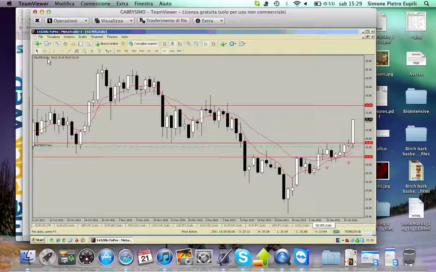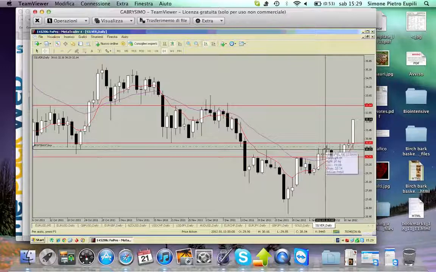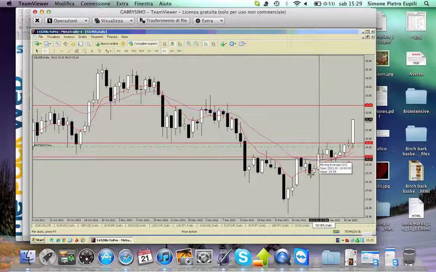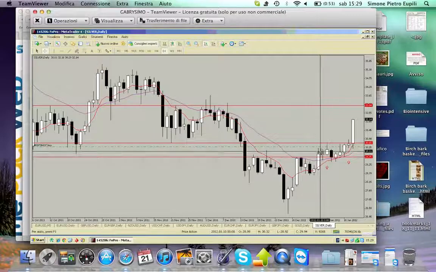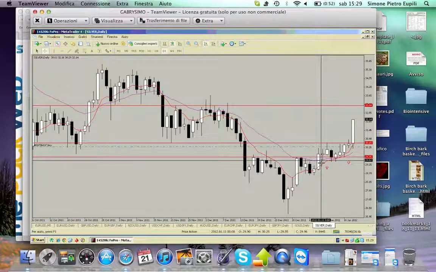This time I entered the trade a little early, because here the upside was starting, but the moving average was not crossed. Can you see this?